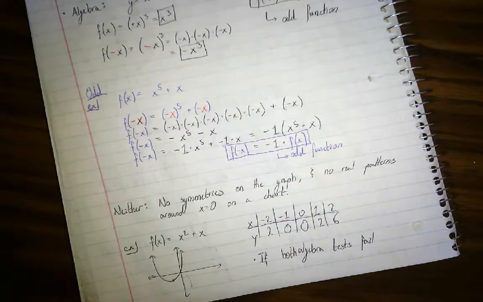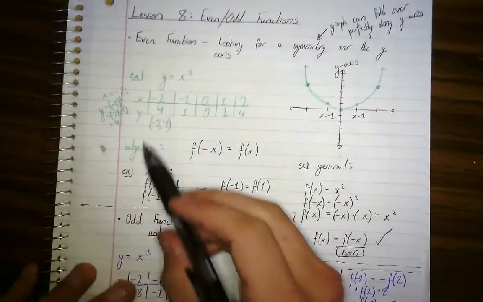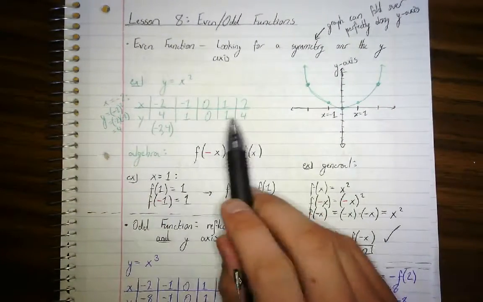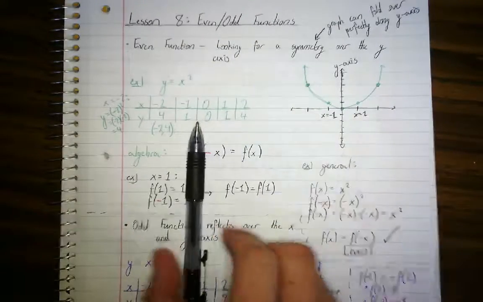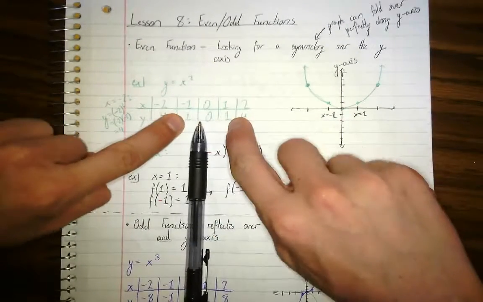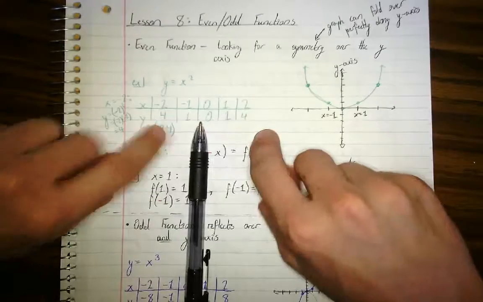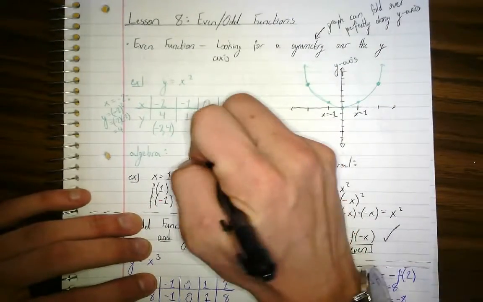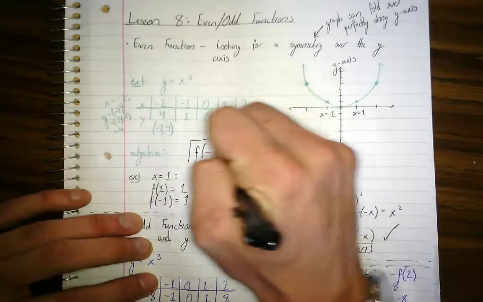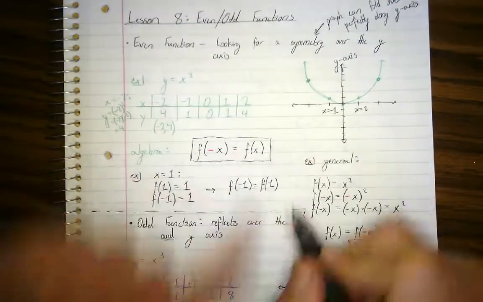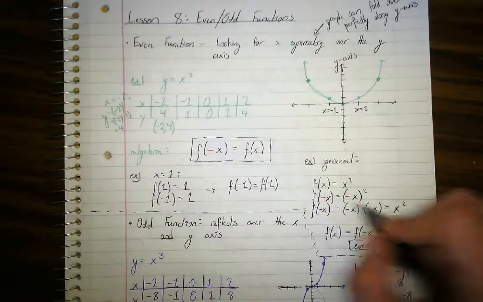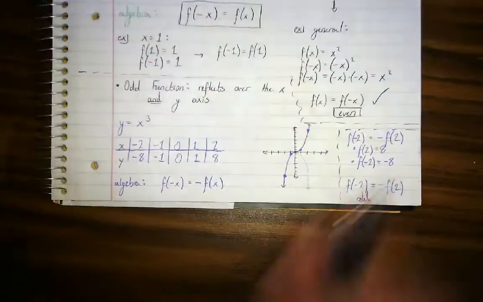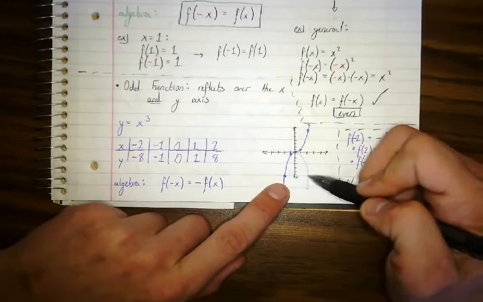Okay. So we had 3 different rules. We had even functions, which we can see by the chart. If you hang tight at 0, step in either direction, you're going to get the same output. Or more generally, plugging in a negative x value will give you the same exact output as a positive x value. We can show that in general. We showed it during an equation. Odd function, we can reflect it twice.